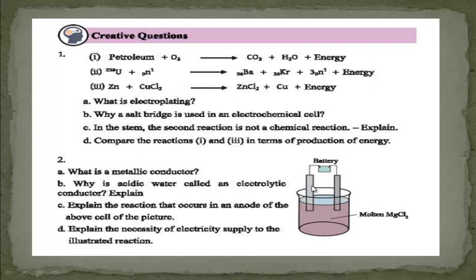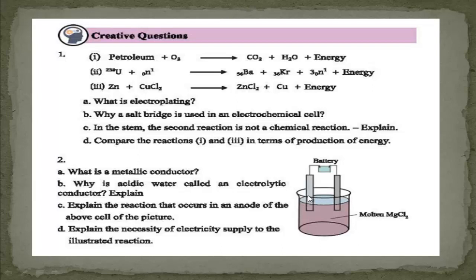Now the anode attracts anions, that means chloride ions from the electrolyte reach the anode, release their electrons and are converted into chlorine gas. This is the anode reaction. And the cathode attracts cations, that means magnesium ions reach the cathode and accept the electrons released from chlorine and are converted into metallic magnesium.